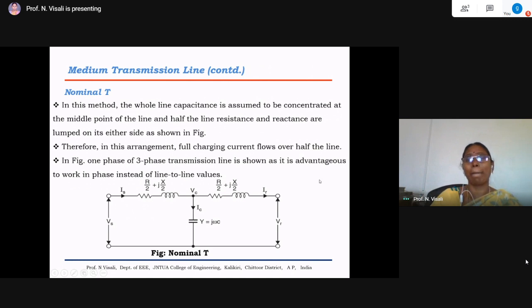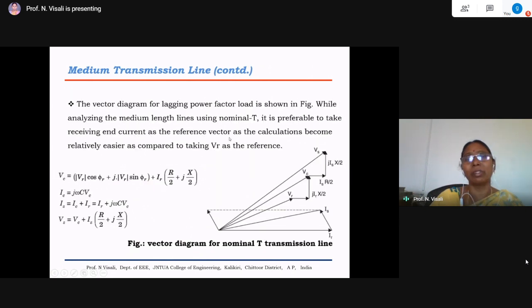Then the vector diagram for a lagging power factor: we can see that the receiving end current is the reference vector. They take the receiving end current as the reference because calculations become relatively easier compared to taking VR as the reference. Anything can be taken, but here they consider IR as the reference.